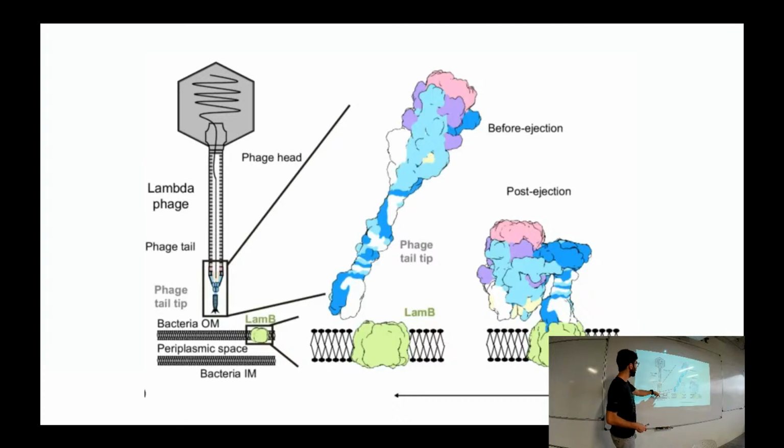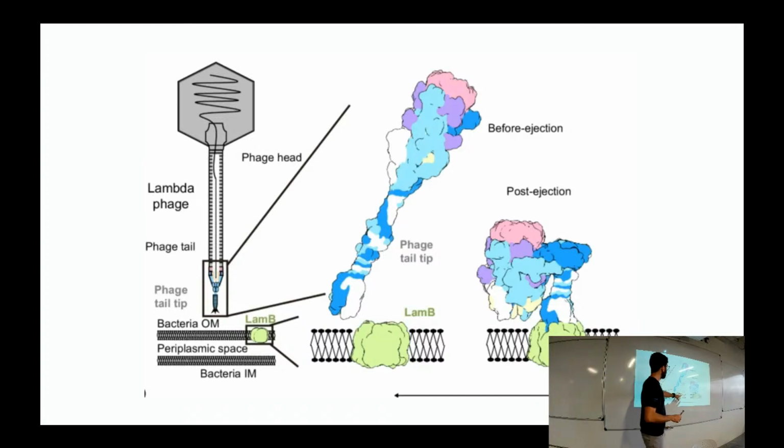And what they do is that they attach. They have a sort of tip, a tail, which recognizes a receptor on the membrane of the bacteria. Bacteria have stuff on their membrane that does some function, because a cell is not an insulated object from the world, but wants to take things from the outside and bring them inside, or things inside and bring them outside.